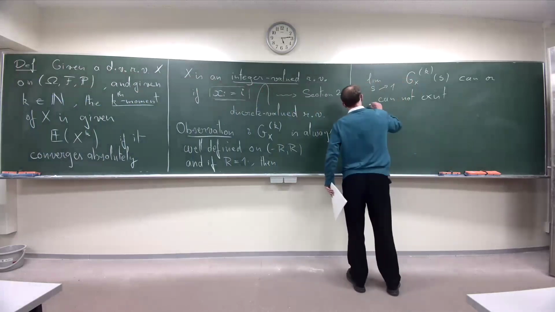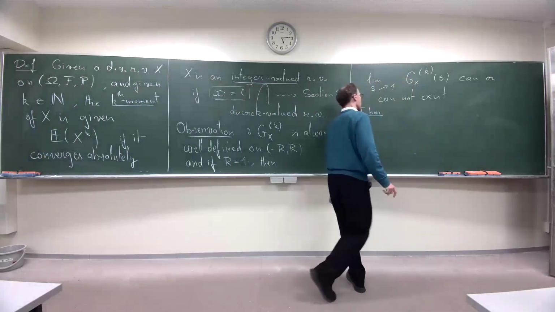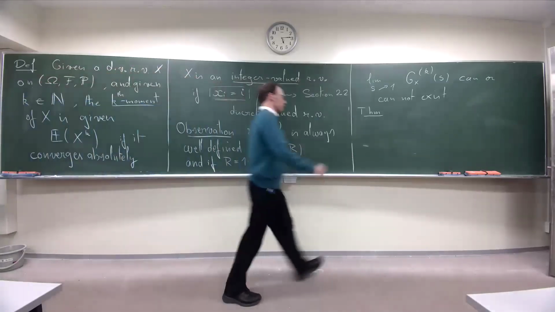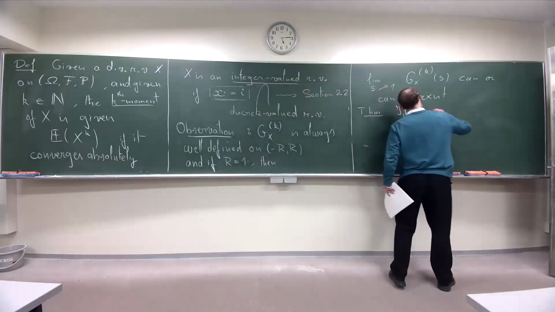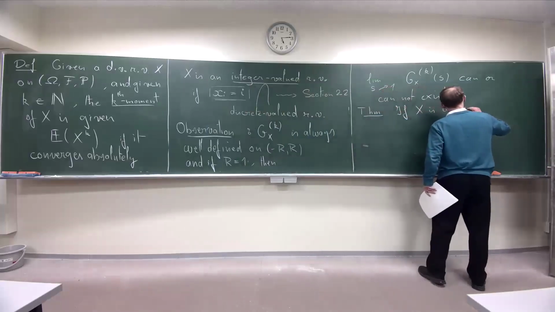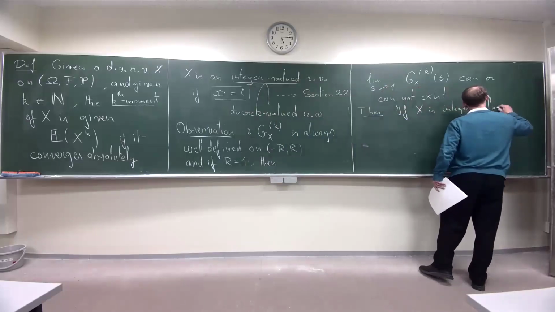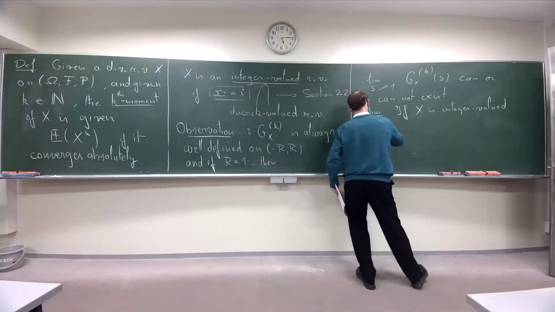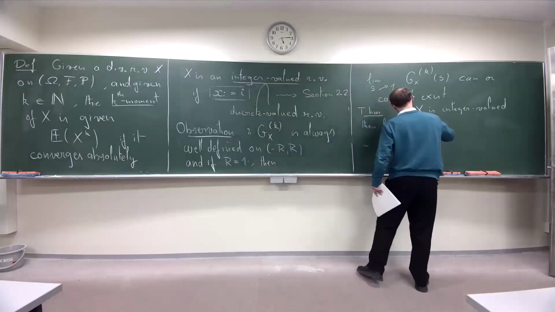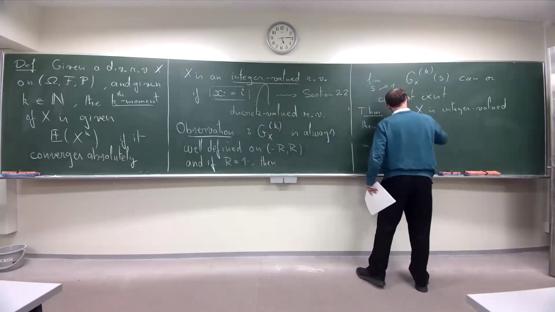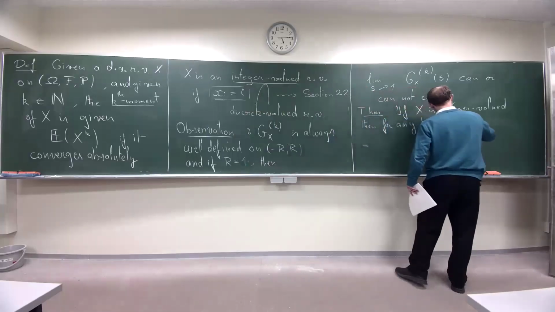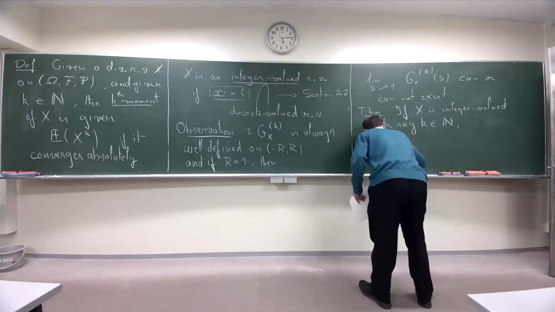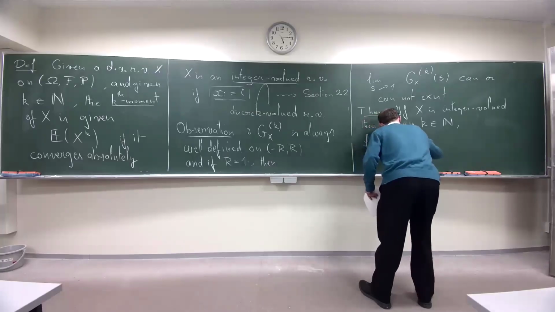So what is the relation I already mentioned between this probability generating function and these moments? If X is integer valued, the specific class of random variables, then for any k integer, what we have is the limit when s goes to 1 of this k-th derivative.